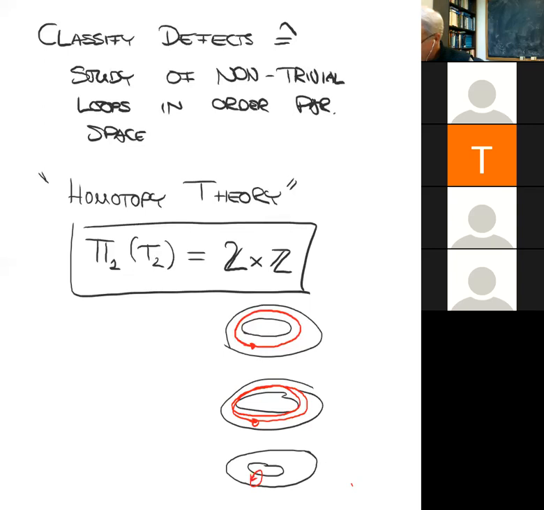Okay. So again, this object here is called the first homotopy group. Okay. This object here is our order parameter space.